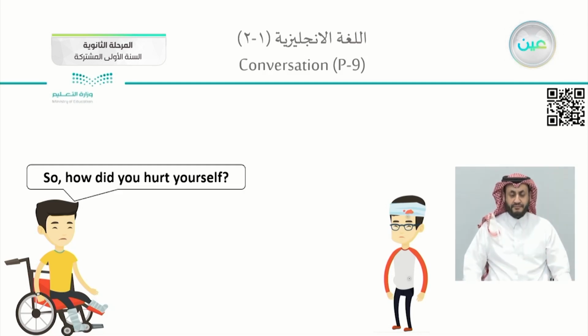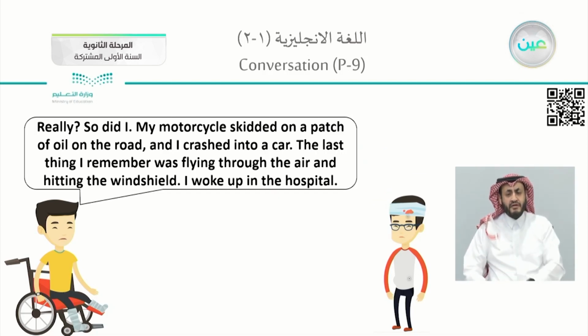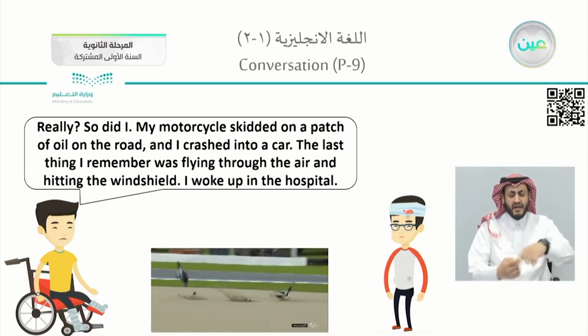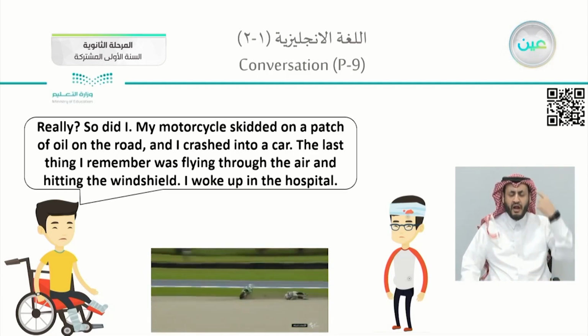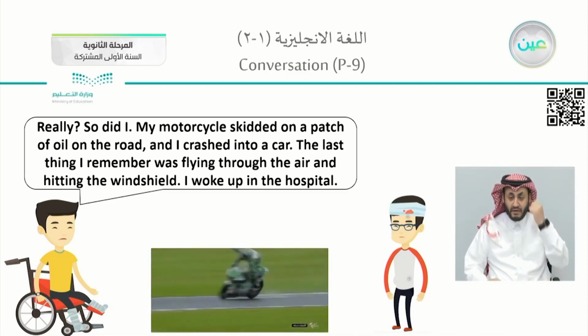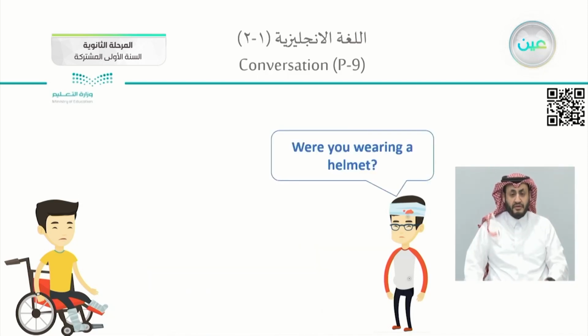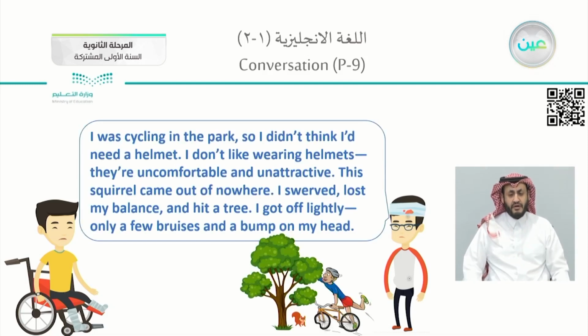So, how did you hurt yourself? I fell off my bike. Really? So did I. My motorcycle skidded on a patch of oil on the road, and I crashed into a car. The last thing I remember was flying through the air and hitting the windshield. I woke up in the hospital. Were you wearing a helmet? Yes, luckily I was. That's what probably saved my life. How about you? I was cycling in the park, so I didn't think I'd need a helmet.